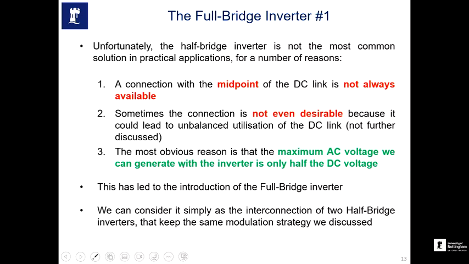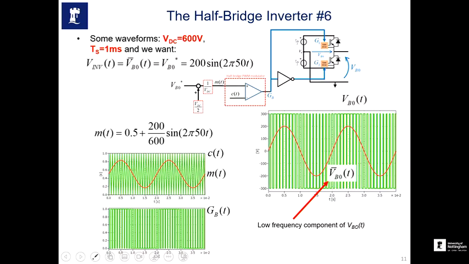The most obvious reason is that the maximum AC voltage we can generate is only half of the DC link. Okay, so even if you have a 600 volt DC link, as you can see, our DC link total voltage was 600. But if you look at the plus and minus of the output voltage, it's only going from 300 to minus 300. So basically, you're not utilizing the full DC link.